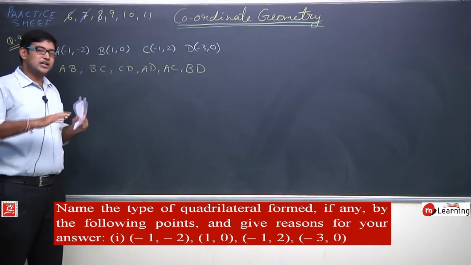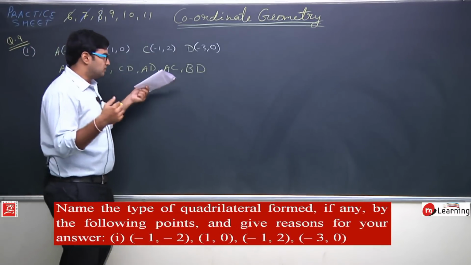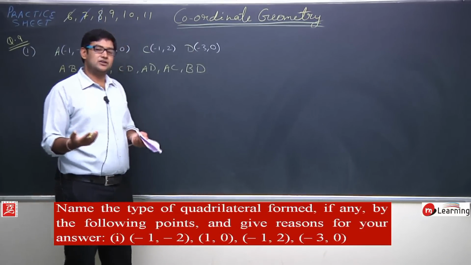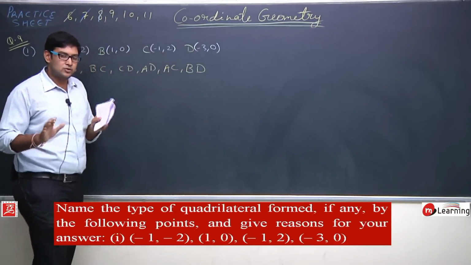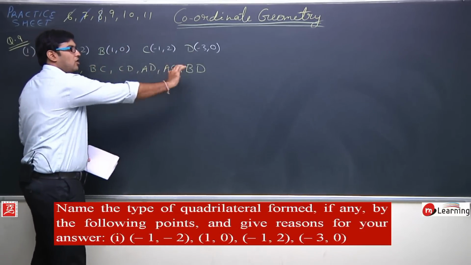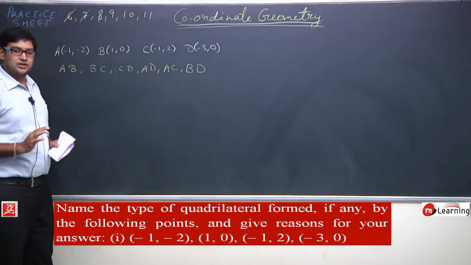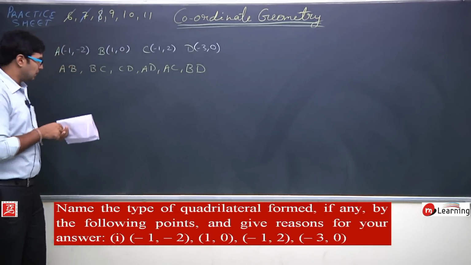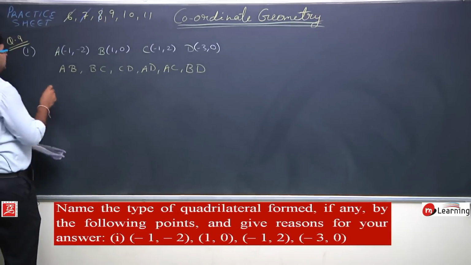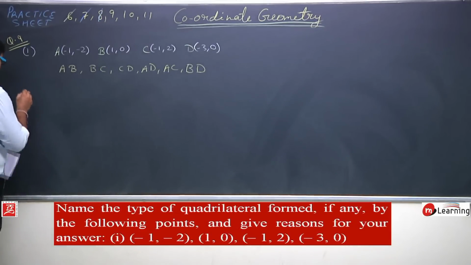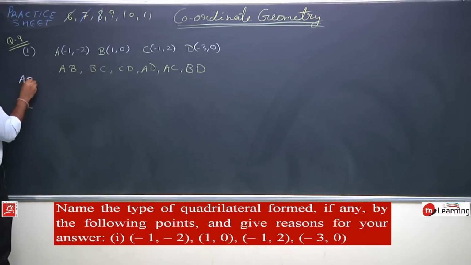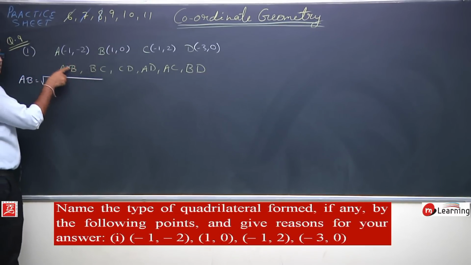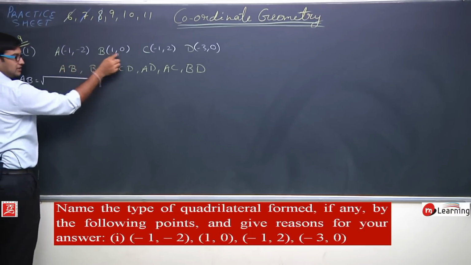Don't get confused or diverted from how to solve this question, because nothing is given, only the 4 points are given. Just calculate all these distances first, then we will interpret what exactly these distances are trying to say. So let us calculate the length of AB. Distance AB is equal to the square root of, this is A and B, so it will be x1 y1, and x2 y2.